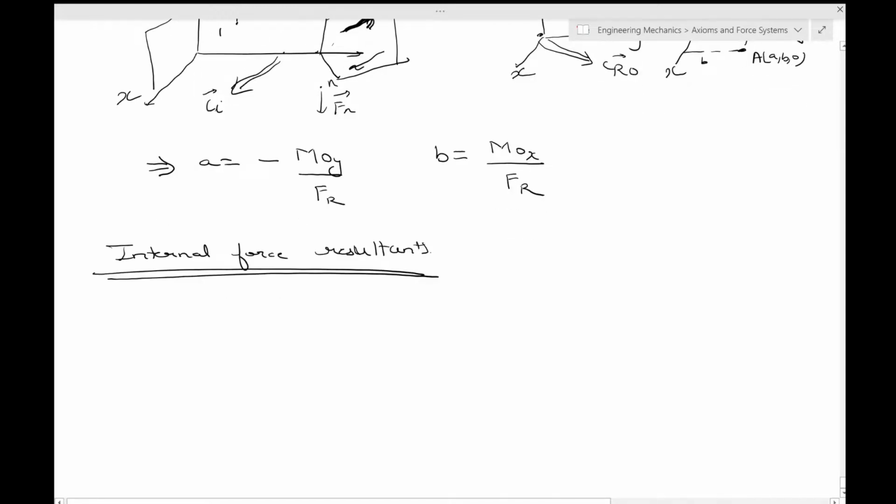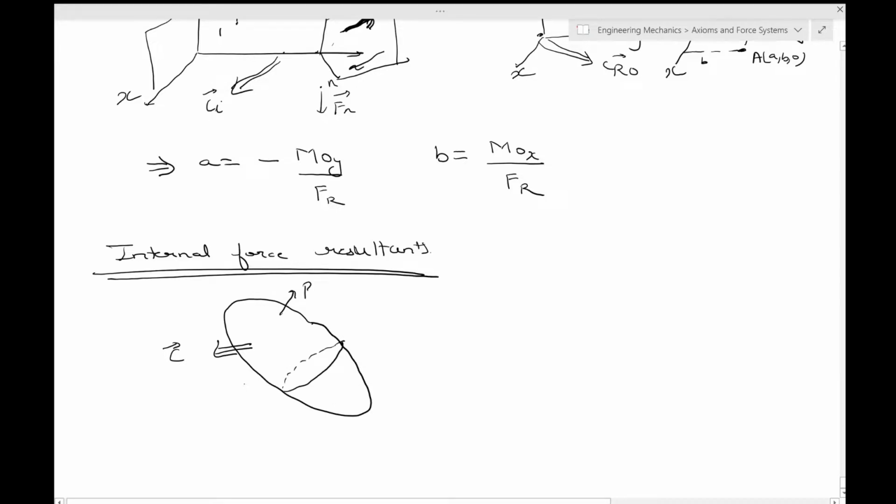So if you have, say, this body 1, let me choose a nice shape because I have to draw it again, and then this has a couple moment C, force P. The dotted line actually shows this hypothetical cut.